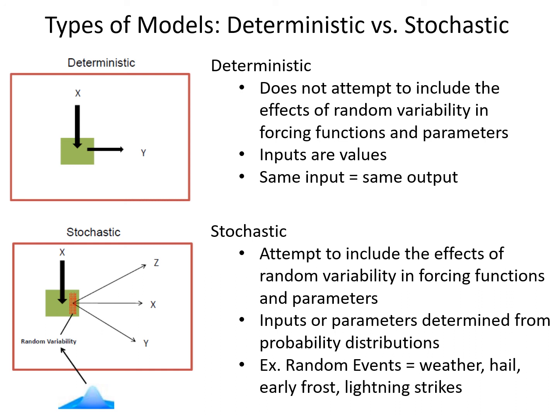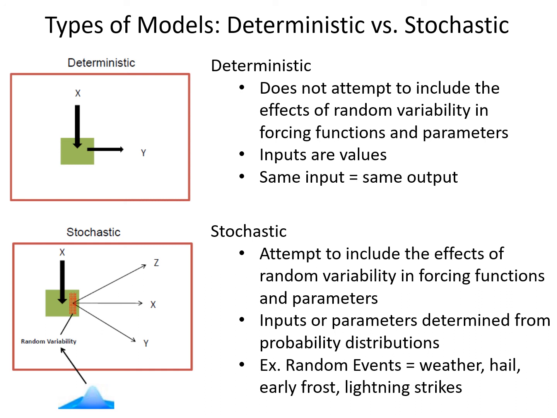So the variability is both in forcing functions, like we were talking about with sunlight, and also in parameters. So you have a value for a particular parameter, but very often, like say for instance with Amax we were just talking about, you might have a distribution of values of Amax that you've measured for a particular species.